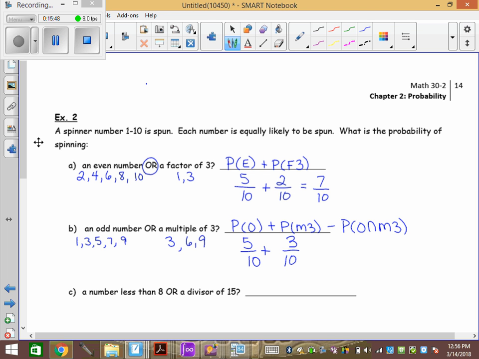Can we count them twice? No, so we have to take them back off once. So how many of them are overlapped? How many odd multiples of 3 are there? 2. So we subtract off 2 out of 10. So we get 6 out of 10 or 3 out of 5. Okay?